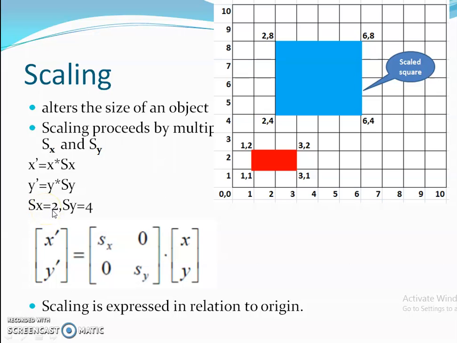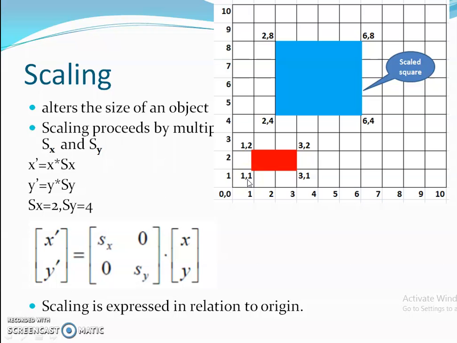When I say sx equal to 2, we multiply 2 with all the x coordinates. When I say sy equal to 4, the scaling factor sy equal to 4, we multiply all the y coordinates with 4. Then we get the newly scaled object.